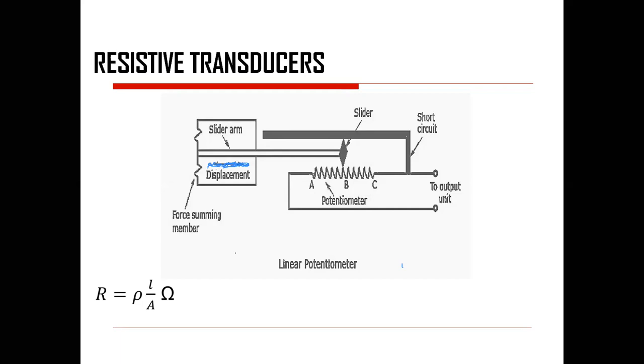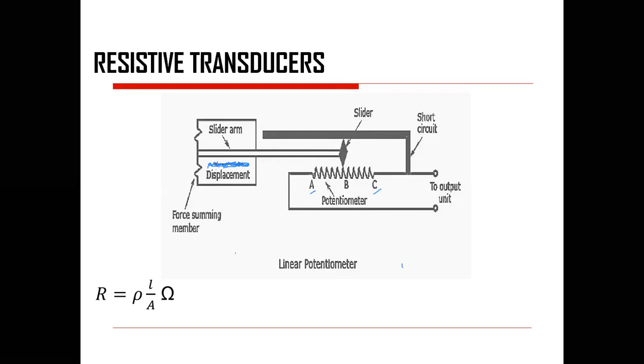Here is your potentiometer, starting from point A to point C. You are well aware, this is the slider which has been connected to the potentiometer. Now this is the slider arm.